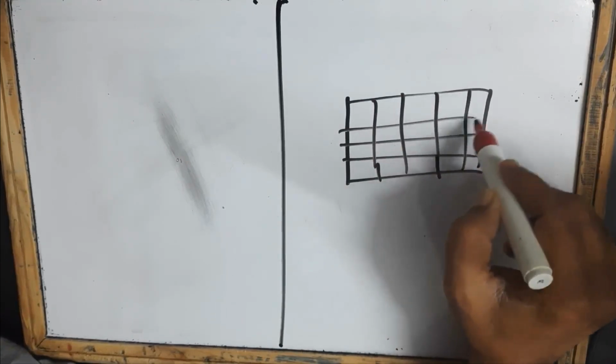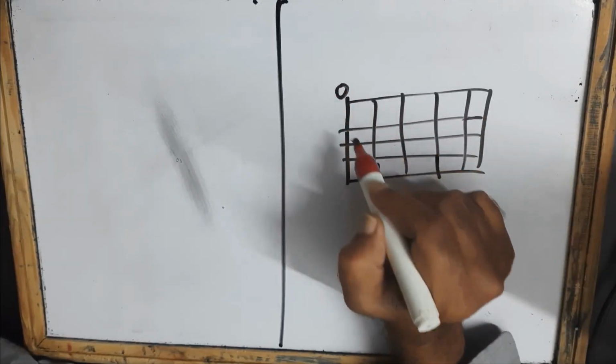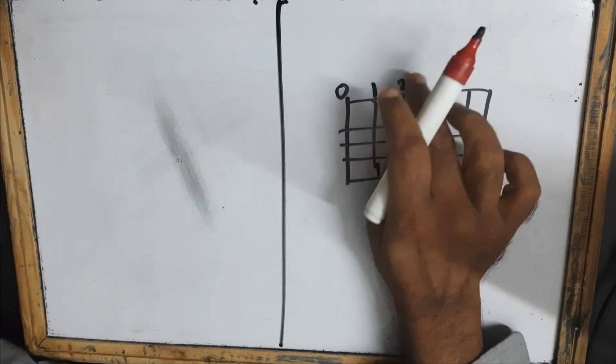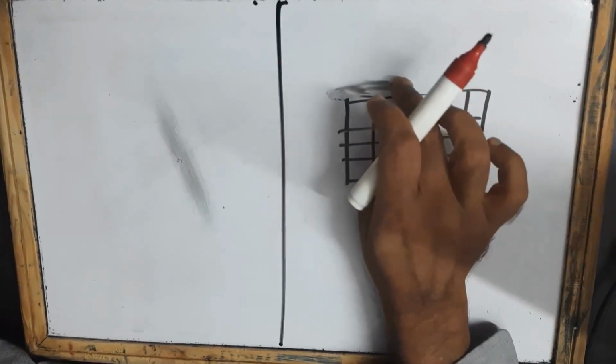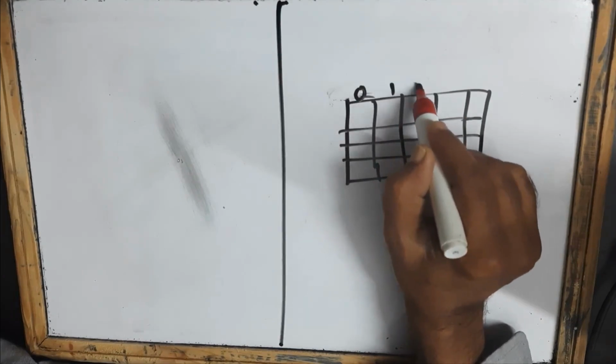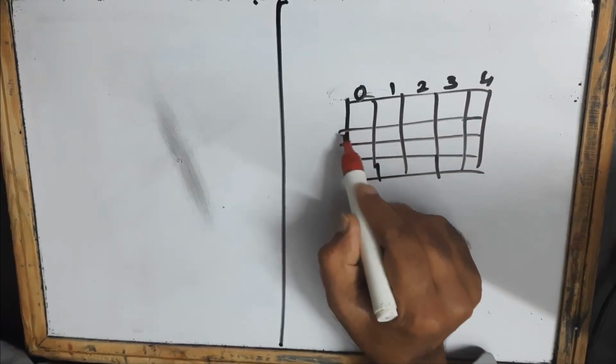This is the memory segment. So memory normally starts with 0, then 1, 2, something like this. This is the 0, 1, 2, 3, 4 address.